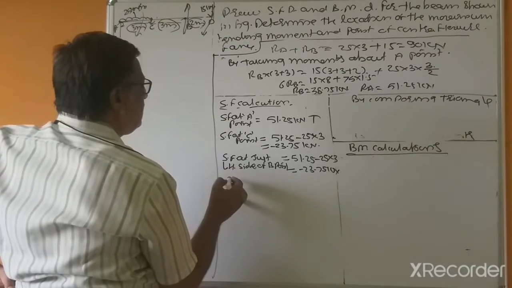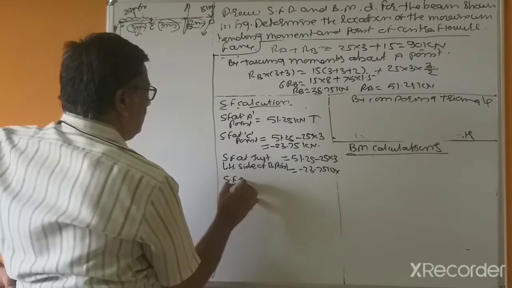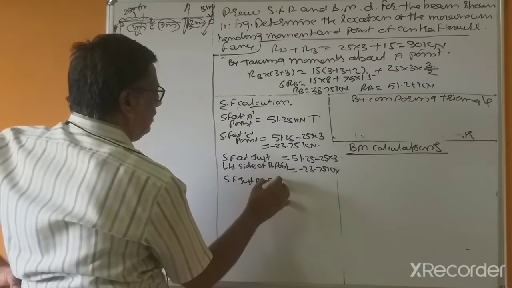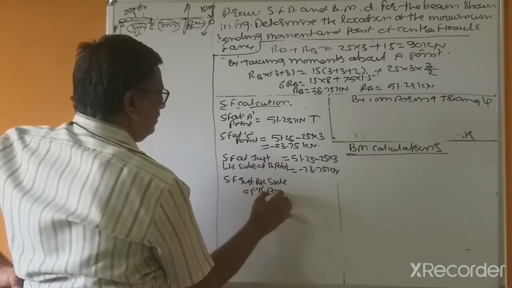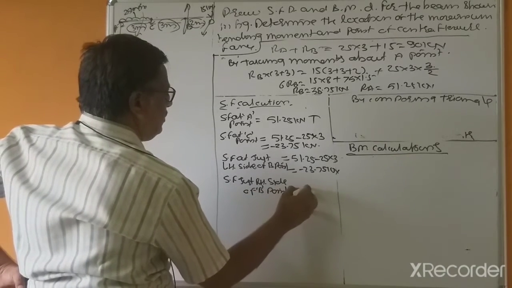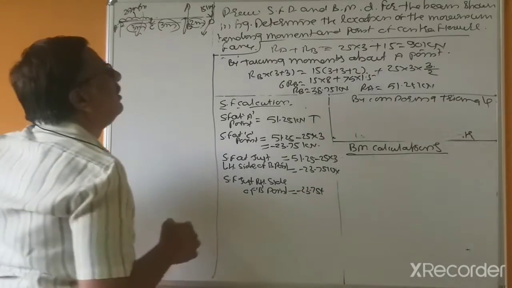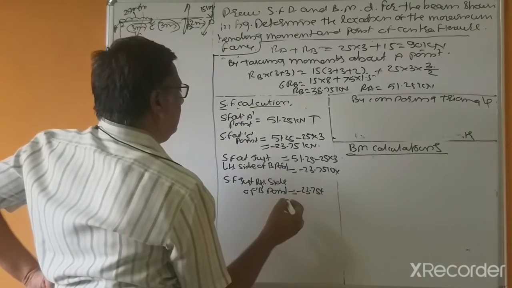Now the shear force just right of B point is minus 23.75 plus the upward force 38.75.